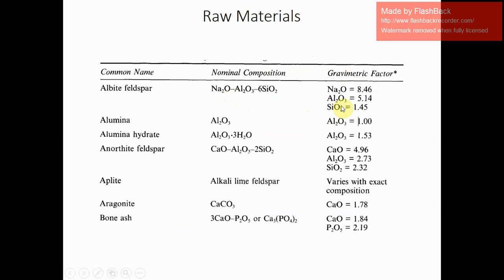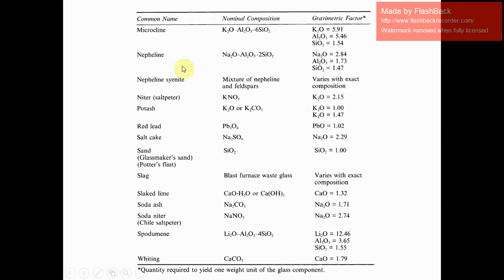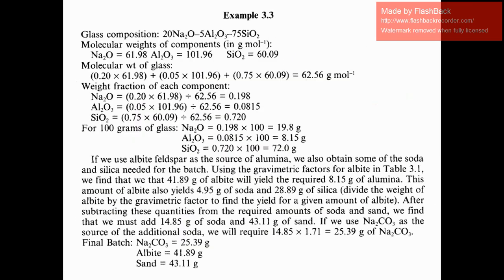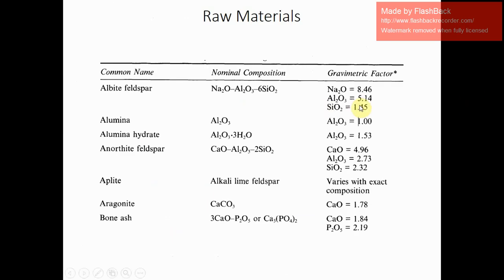We can take other raw materials too, for example nepheline. We can also use nepheline for this calculation. So for Albite feldspar as the source of alumina, why are we taking Albite feldspar as the source of alumina? See, alumina has 5.14 and it has 8.546 for Na2O, then Al2O3.